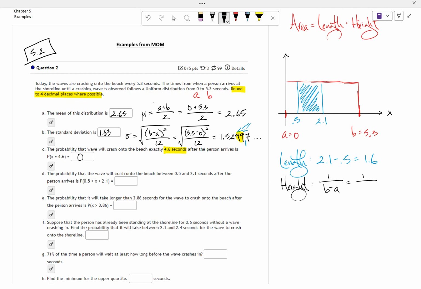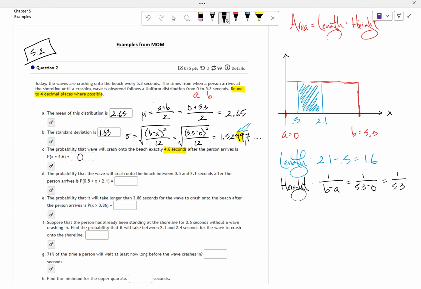We do 1 over 5.3 minus 0, and I'm just going to leave it as 1 over 5.3, because the more you round in these kinds of questions, the more likely you are to get the question wrong. So I'll leave the height as 1 over 5.3.